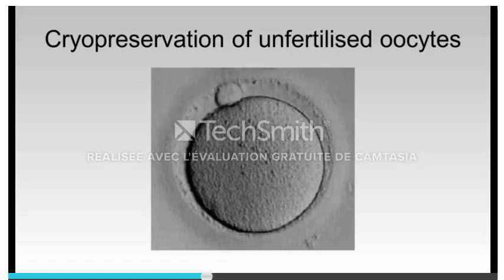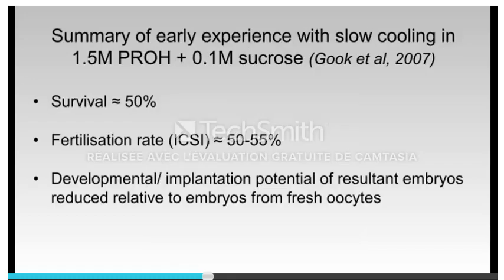Can that really compete with what we've been able to achieve with embryos? Well, the early results really weren't that promising. This is using a method similar to that being applied to embryos in the 90s, and it's reviewed in a paper in 2007, Human Reproduction Update.